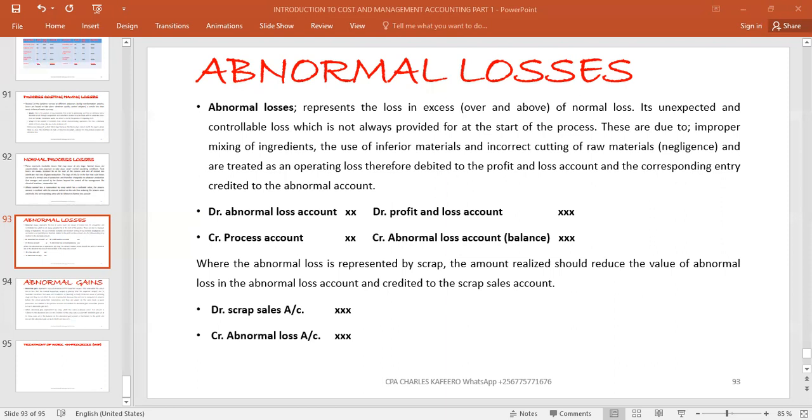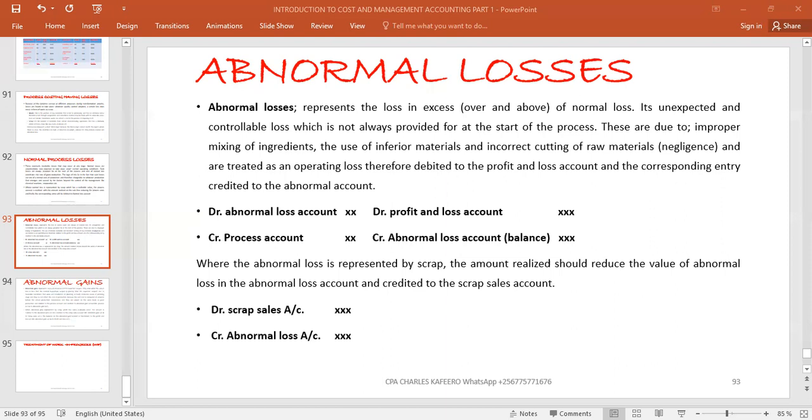So if we sell some of those goods, we credit it and reduce that loss. You may find that you have not yet sold all of those units, and some particles you can't even sell.